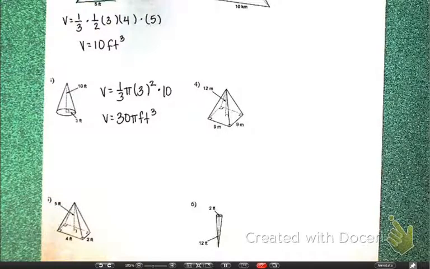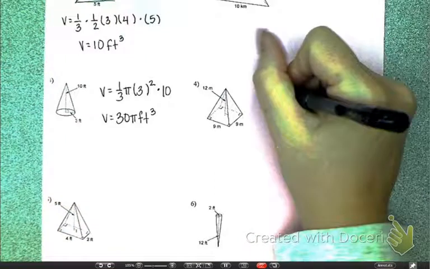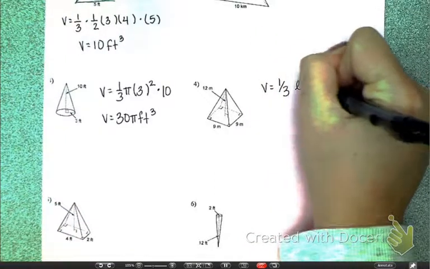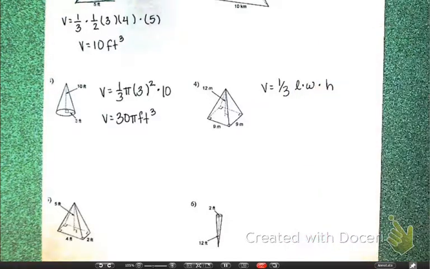All right, I would like you to try the last 3. Once you have gotten the last 3, I want you to confirm your answers with your group. All right, let's see how we did. What shape is the base of the pyramid in number 4? A square. So volume equals the 1/3. Square is length times width, and then the height of the whole thing.